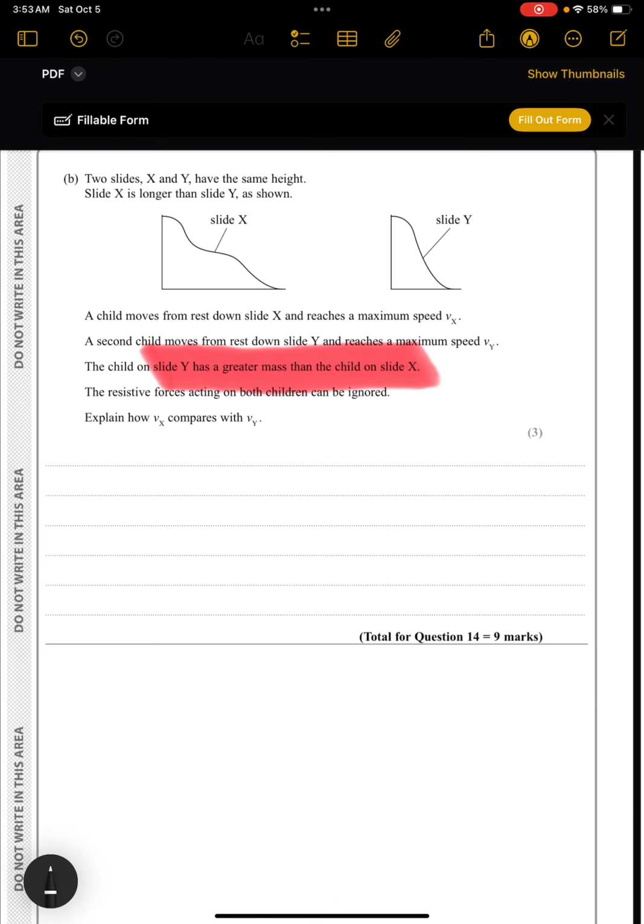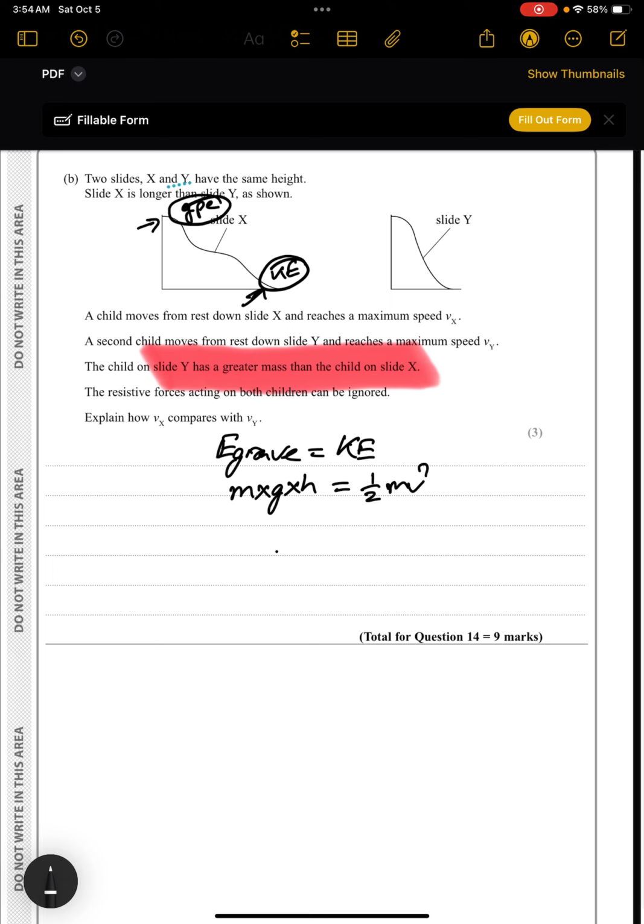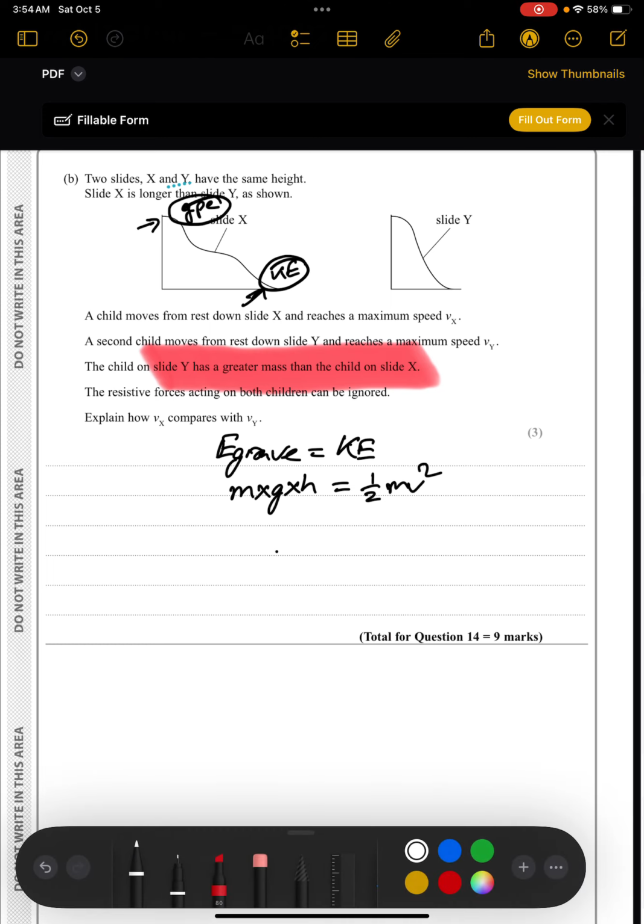We all know the GPE right at the top is going to be equal to the kinetic energy at the bottom. So we can say E grav is equal to the kinetic energy, and we write the formula: mass into gravity into height is equal to half mv square.